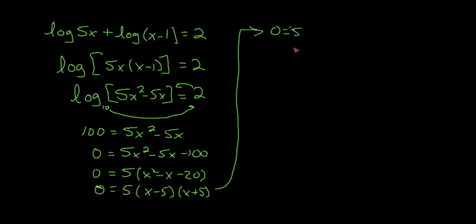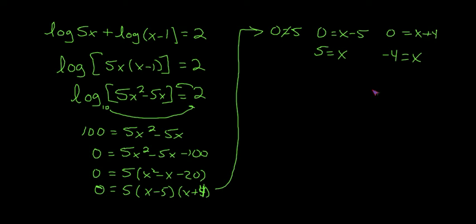I'm going to get 0 equals x minus 5, and we're going to get 0 equals x plus 4. Oops, I miswrote that, that should be x plus 4. So I'm going to add 5 to this side. So 5 equals x. I'm going to subtract 4 from both sides. Negative 4 equals x.